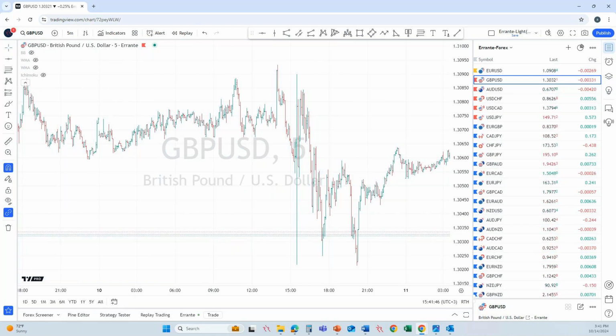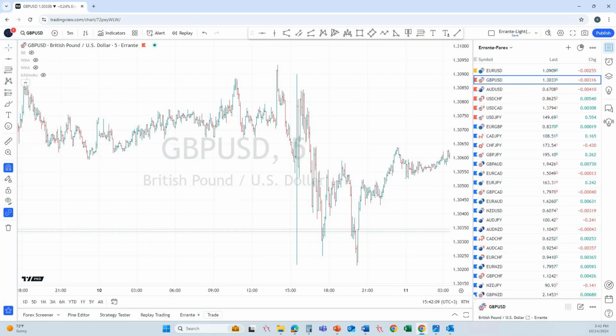This formation suggests that although the price attempted to continue in the direction of the trend, as seen by the higher highs, for example, it couldn't sustain the momentum, leading to a close in the opposite direction. So this is a strong reversal signal, particularly when it happens at the top or bottom of a trend.